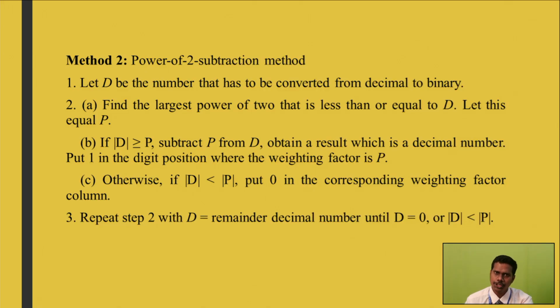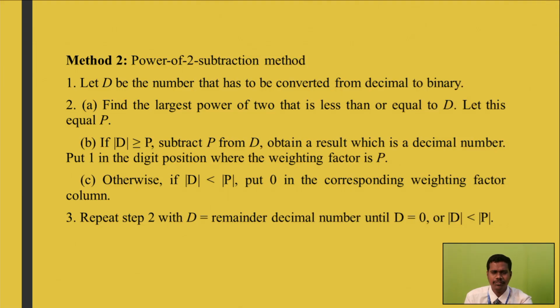So first we are going to generate a table that contains the weightage numbers, which are the power values of 2. So 2 power 0 up to 2 power 7 or 2 power 8, based on the given number that will be converted from decimal to binary.